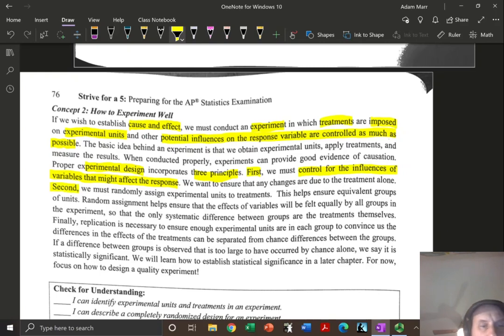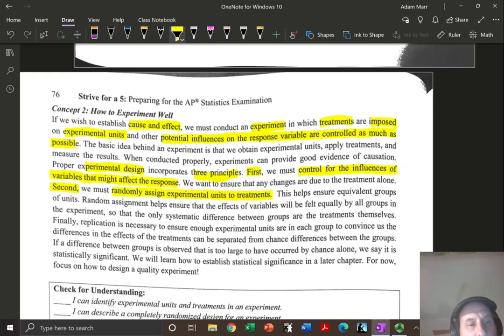Secondly, we must randomly assign experimental units to treatments. So right here, like we said in class, not only do we have to do random selection just for the sampling, but once we actually have that sample, we must randomly assign experimental units to treatments.